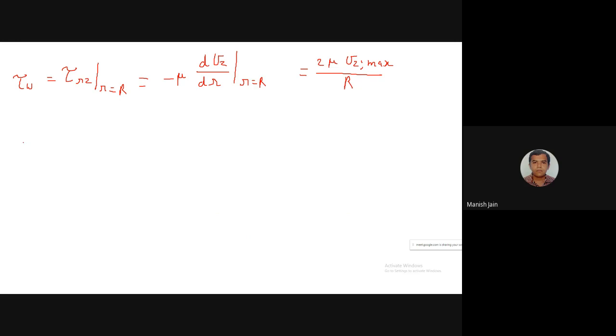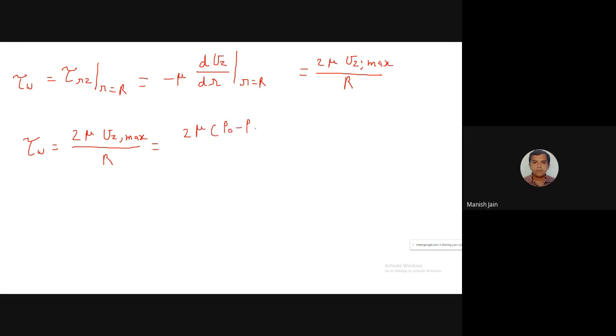So tau w equal to 2 mu vz max divided by R.